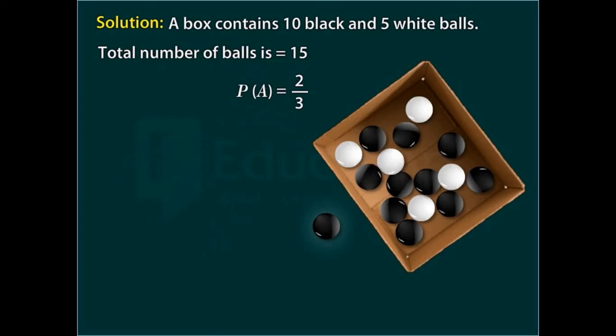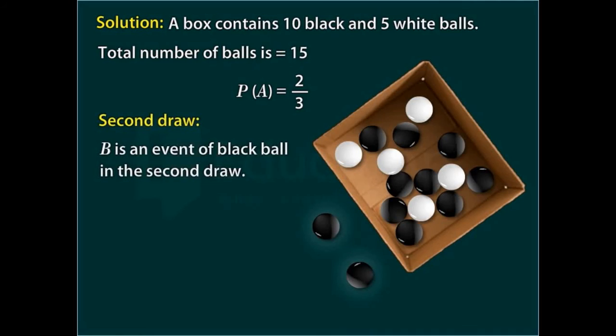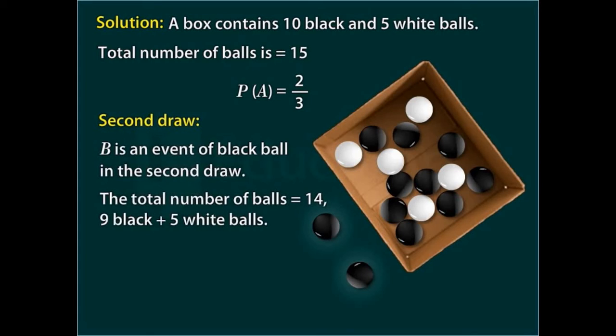The ball is not replaced. Second draw. The ball is not replaced and then the second ball is drawn. Let B be the event of black ball in the second draw. The total number of balls now becomes 14: 9 black and 5 white balls. The probability of event B given that event A has already occurred is 9 by 14.